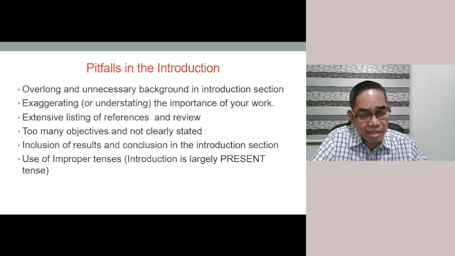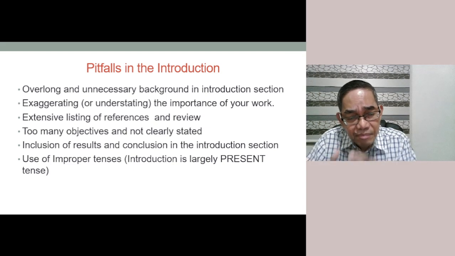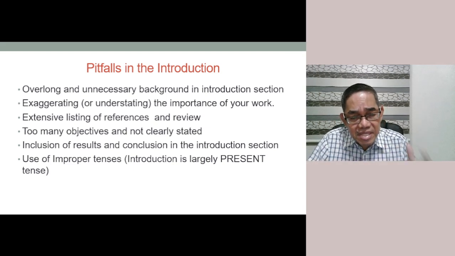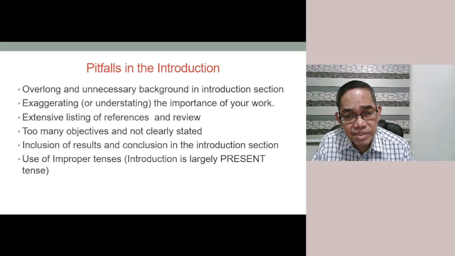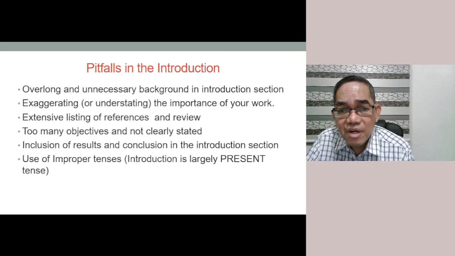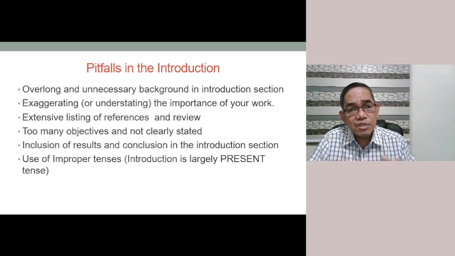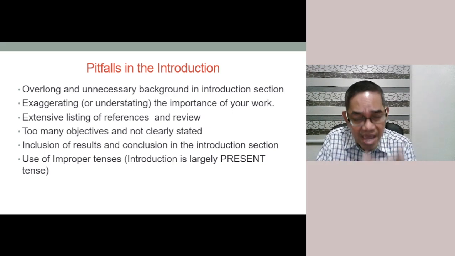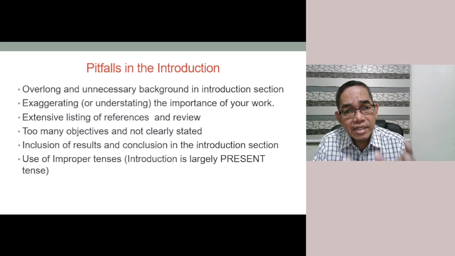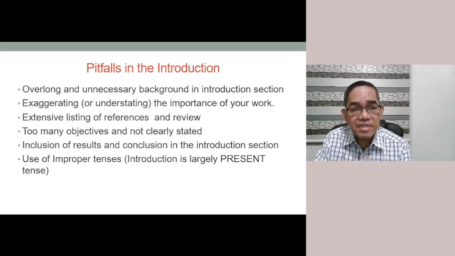And sometimes I read the introduction once, twice, sometimes 3 times. And after reading the introduction 3 times, I still cannot make sense of the paper, because the introduction should be telling us why you will study. I can't make sense of what really is the reason for this study.